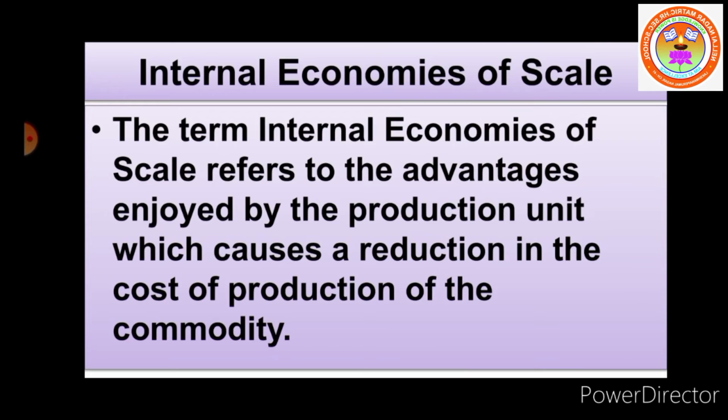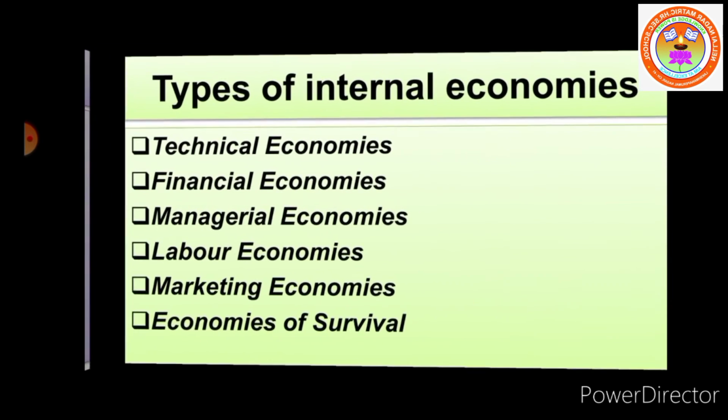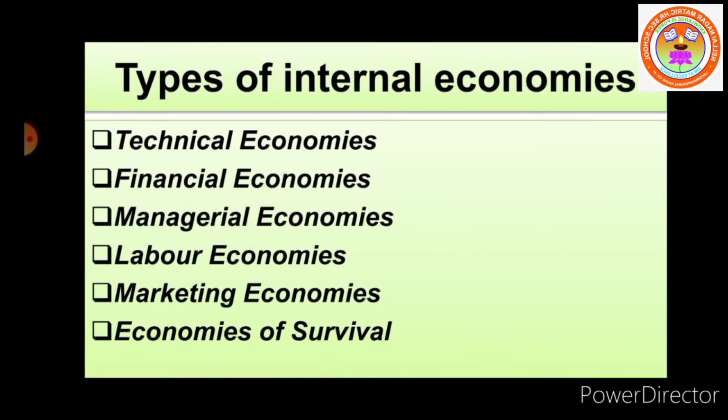The term internal economies of scale refers to the advantages enjoyed by the production unit which cause a reduction in the cost of production of the commodity. First, let us see types of internal economies. There are 6 types: technical economies, financial economies, managerial economies, labor economies, marketing economies, economies of survival.